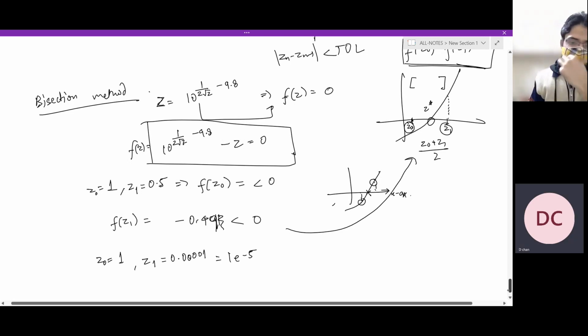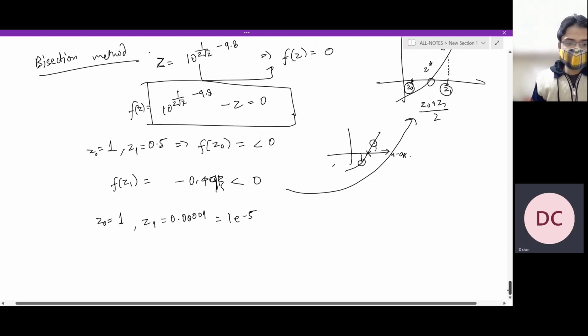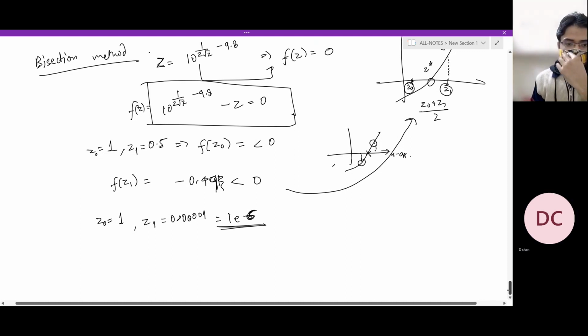All right, so we can just check it by ourselves. How to do that is something like this. Let's say we are further reducing Z1 to this value, so it will be a bit easier to consider. So f of Z1 will be equal to 10 to the power 1 over 2, and the square root of 10 to the power minus 6 would be 10 to the power minus 3.